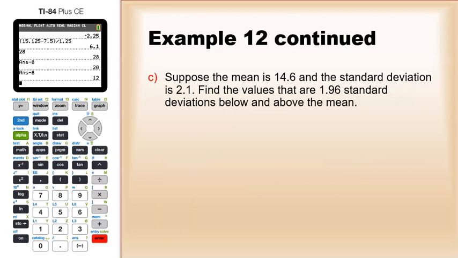And finally, suppose the mean is 14.6 and the standard deviation is 2.1. Find the values that are 1.96 standard deviations above and below the mean. We start off with 14.6. To find the value above, I go 1.96 times the standard deviation of 2.1. That gives me a value of 18.716.